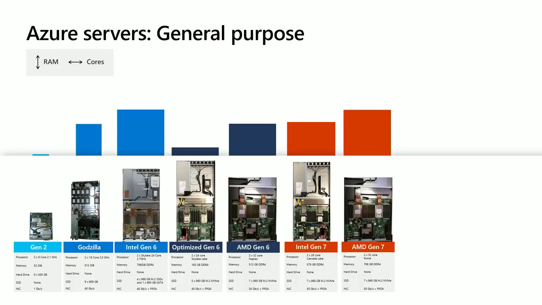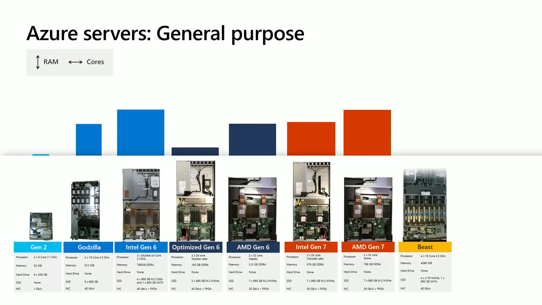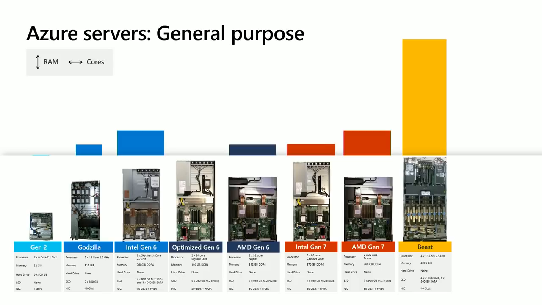But we've also, in the last few years, introduced even larger supersize VM types. Just to be clear, we're talking about servers that support our VMs for those in-memory databases. Here's one that we released a few years ago. We called it Beast, because it's got a lot of RAM on it, actually 4 terabytes.